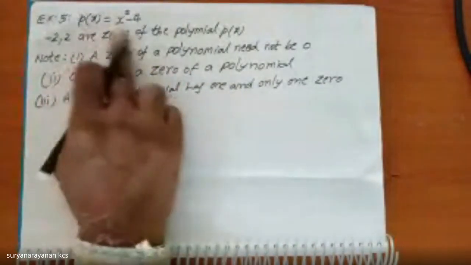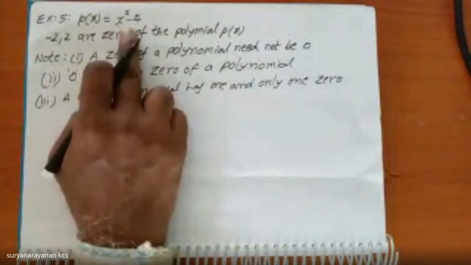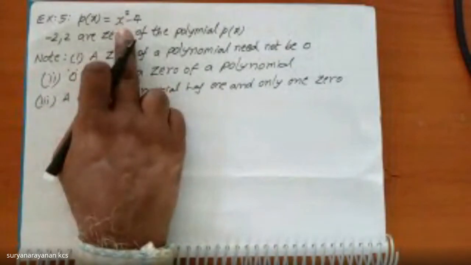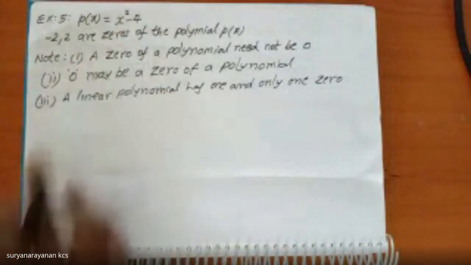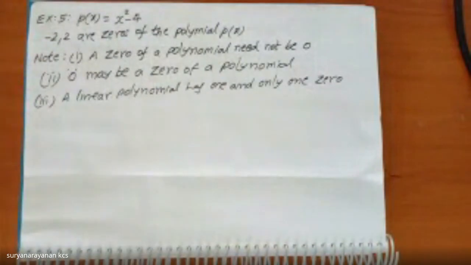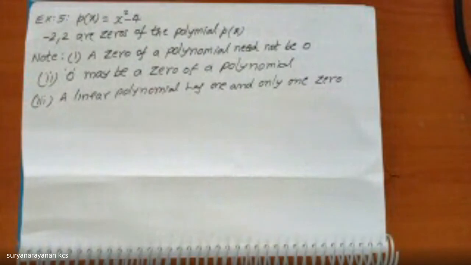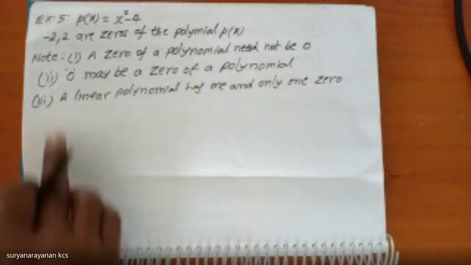Now what is the degree of this polynomial? x squared, so the degree is 2, sir. How many zeros did you get for this polynomial?